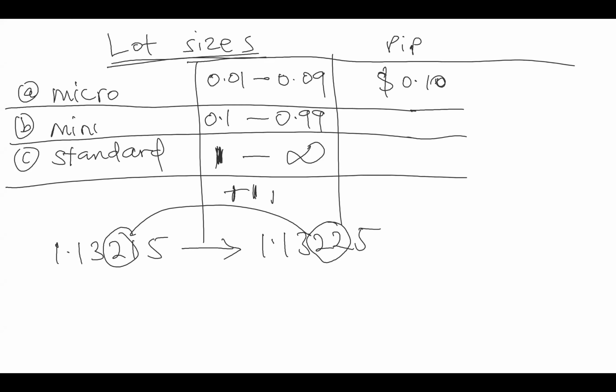If you're using the micro lot size, your MT4 is going to be showing you something like this. You'll be 10 cents in profit. Why? Because the micro lot size gives you 10 cents for every pip the market is moving.